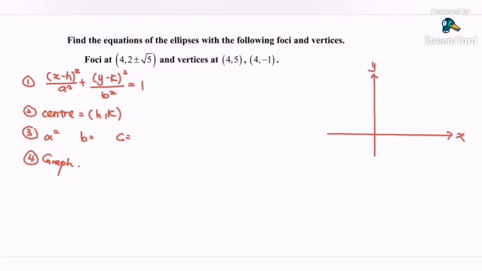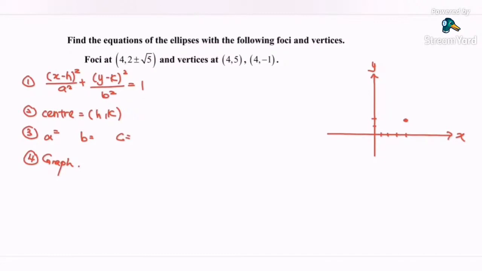So given the situation where we have the foci at 4, so 1, 2, 3, and 4. Then we have 2 plus minus square root of 5. So let's say here is our situation. We have 2 plus square root of 5.